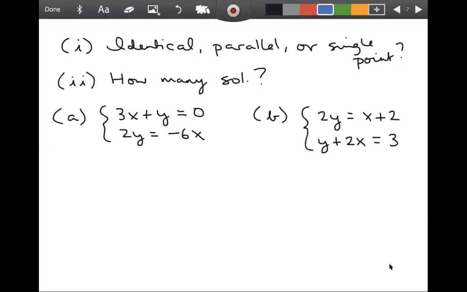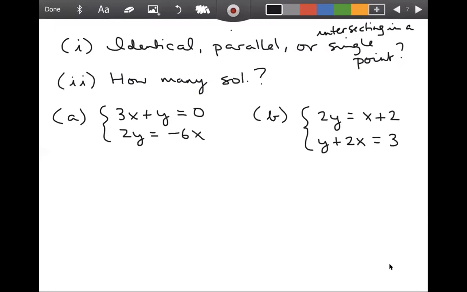All right, so the first question is, are the lines identical, parallel, or intersecting in a single point? And then based on that answer, we can determine how many solutions does the system have.